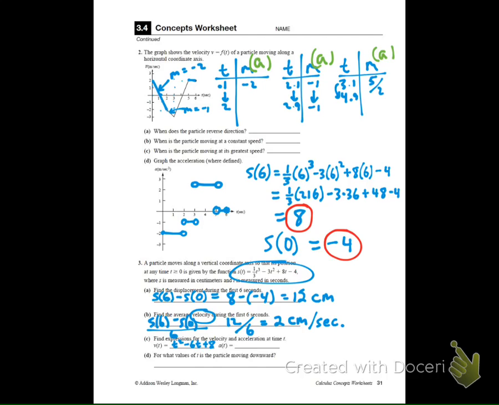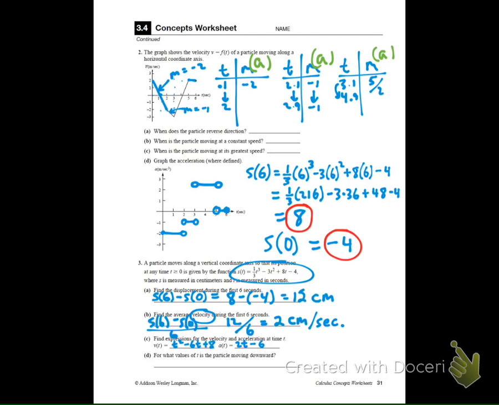So t squared minus 6t plus 8 represents the velocity function. And the acceleration then, being the derivative of the velocity, is just the derivative of t squared, which is 2t, plus the derivative of -6t, which is -6, and that's it for that.